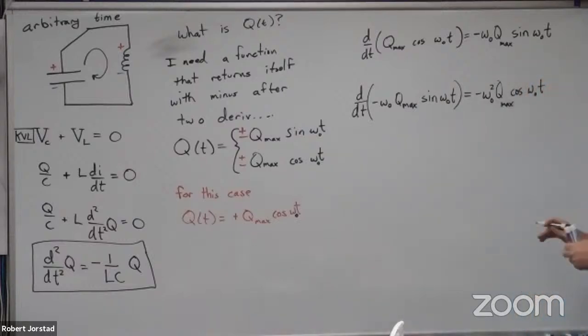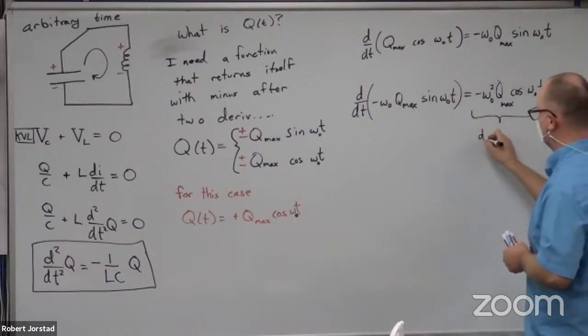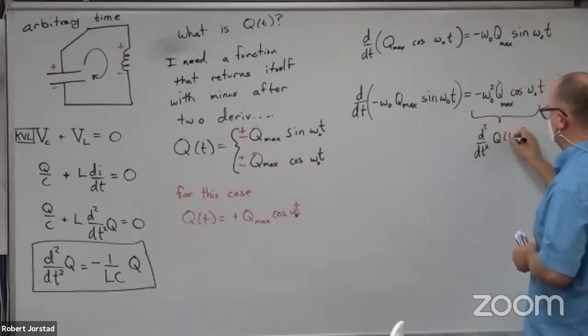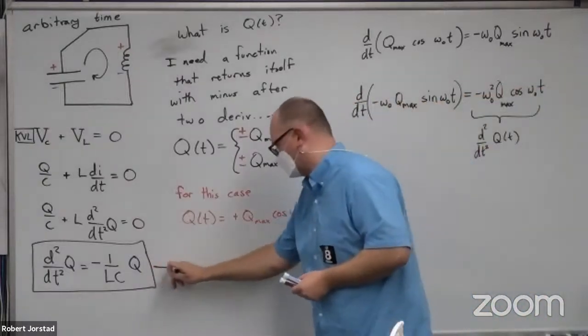Watch this. Do you agree this right here, we just found the second derivative of Q, right? Isn't that what we just said? So now I'm going to look at this boxed formula here.